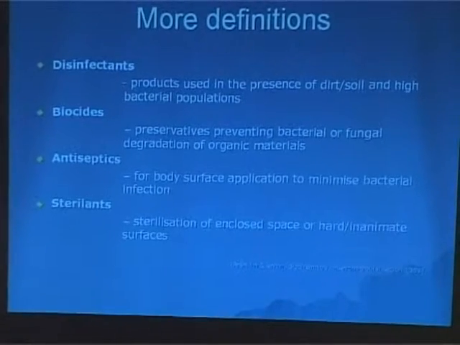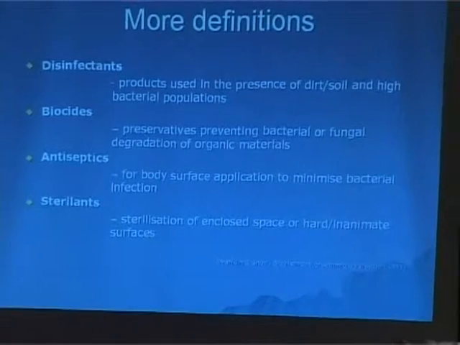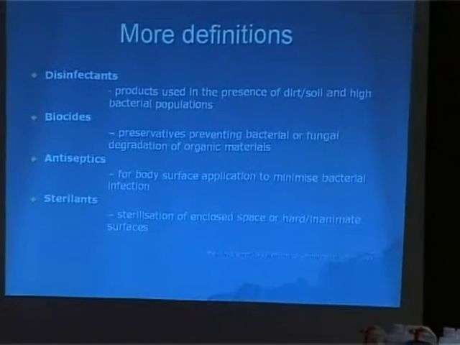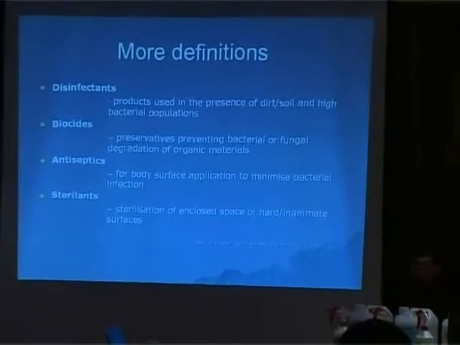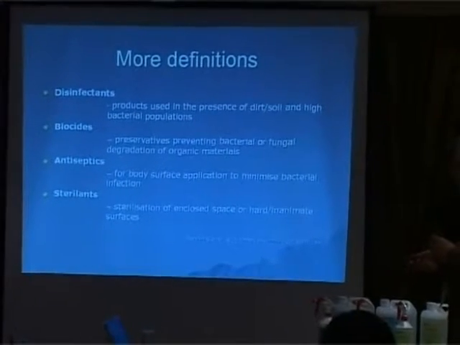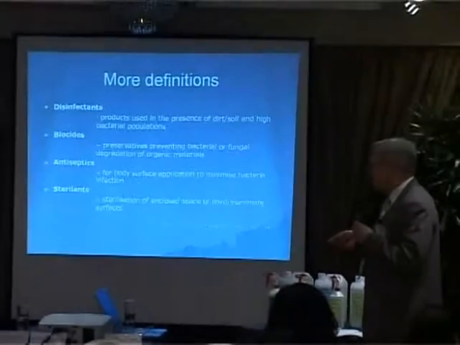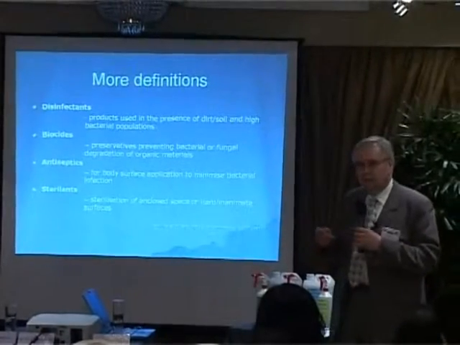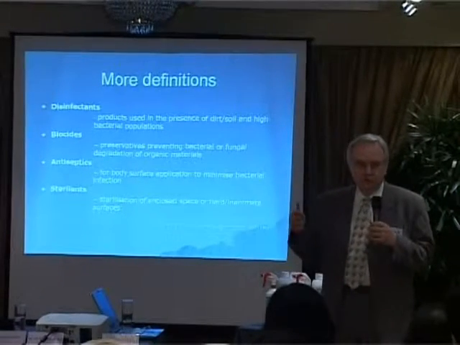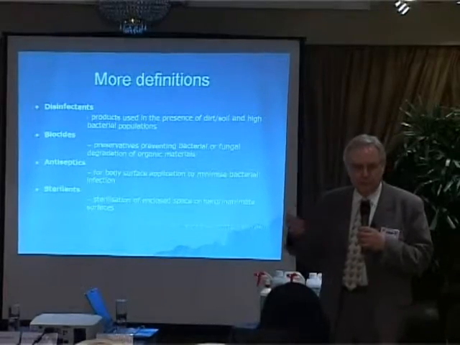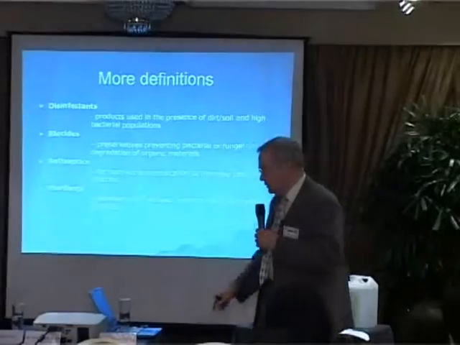And concrete will degrade with certain biological organisms. Antiseptics now tends to be a term used for considering infection, particularly on body surfaces, where sterilants is now considered a term purely for areas and zones. For instance, a room, you go in and sterilize a room, or sterilize an animal house or something like that.